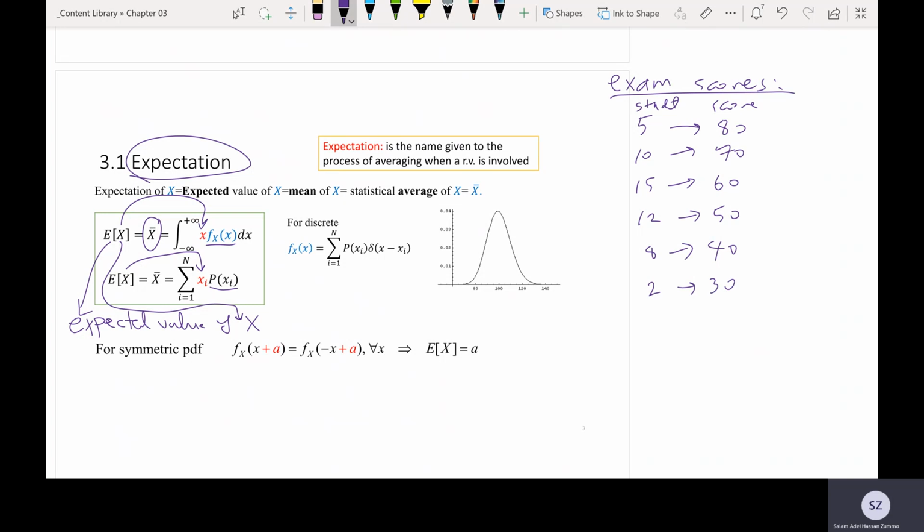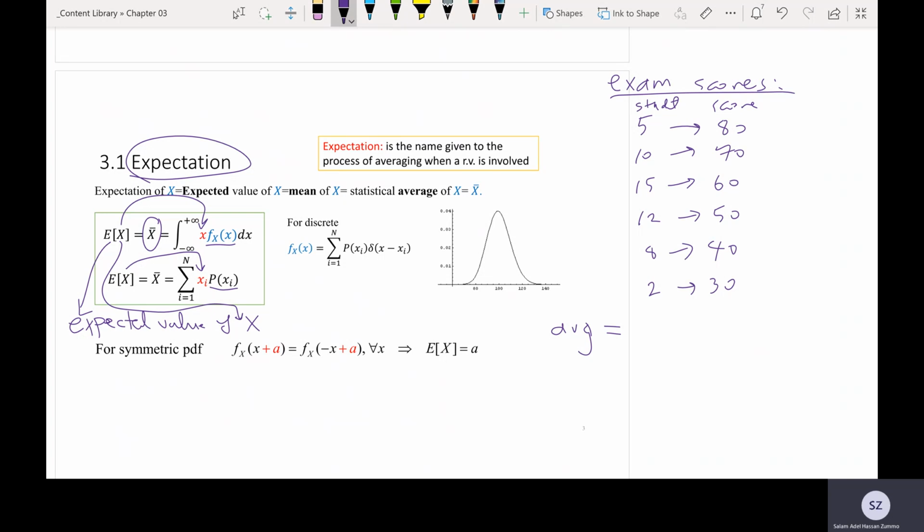Now we'd like to find the average. How to find the average of your exam? Summation of scores of students. But I don't have a summation of students. I have the number of students who got certain scores. اجمع كله.